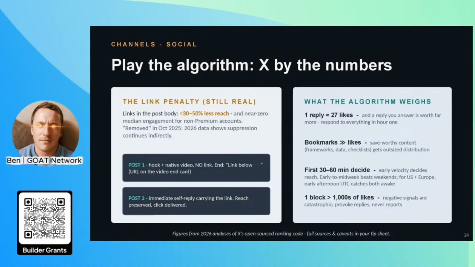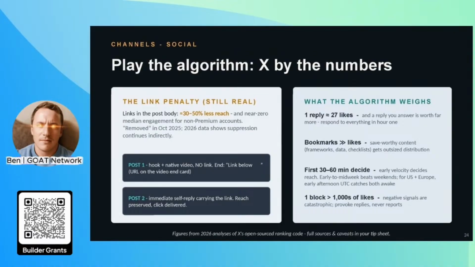And so what do we have here? What the algorithm weighs. Basically, one reply is worth, I think, 25 to 30 likes. And a reply that you then answer is worth several more times again.